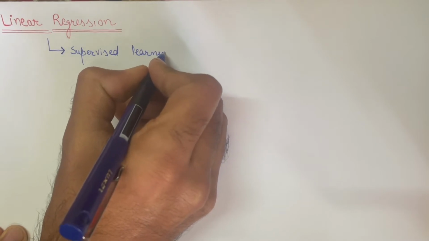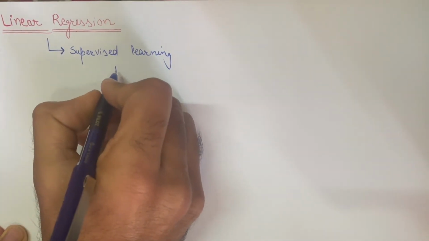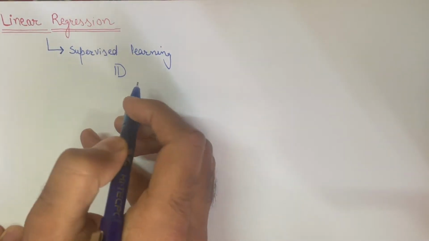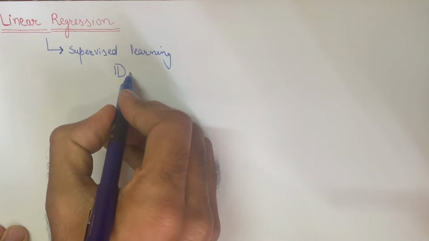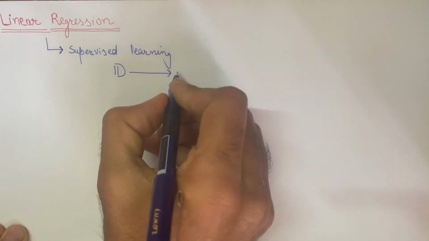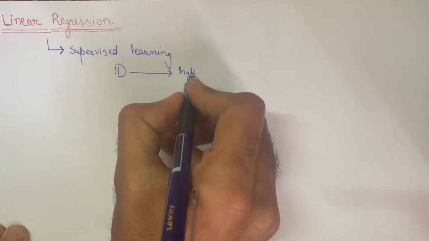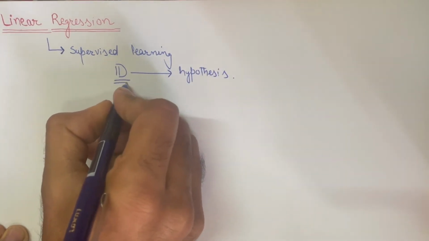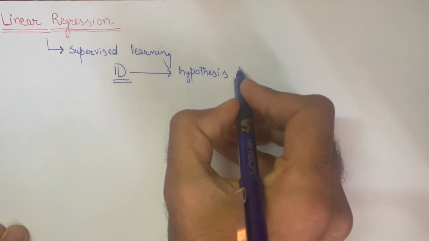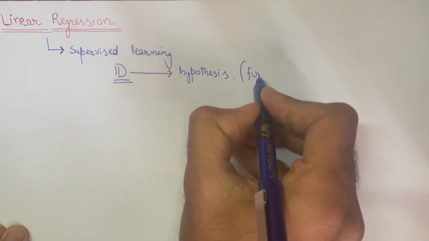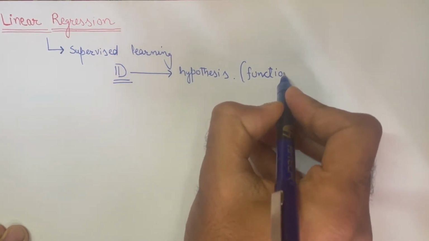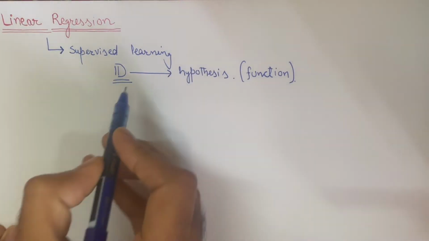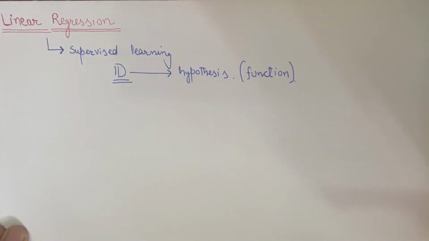So we know that in supervised learning we have a data set that we already know, and this data set contains input output pairs, and we fit a hypothesis function. That means we have to find a hypothesis function, or a function, that fits this particular data.